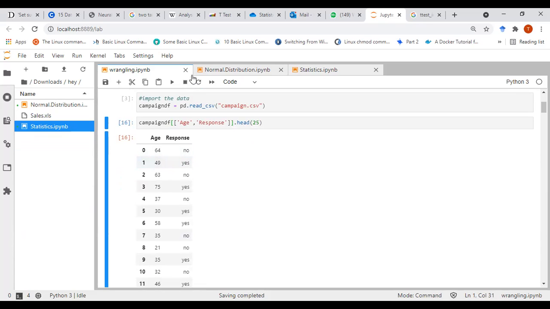Probably I will tell you the reason for that. Let's consider the people who responded no and the people who responded yes. Let's say the age of people who responded no is varying between 35 to 65. And let's say the people who responded yes, their age is varying from, let's say, minimum 30 to 75. So you can see that there's an overlap here.